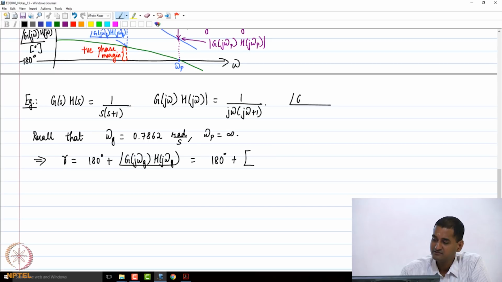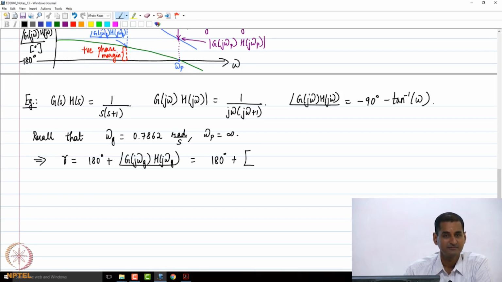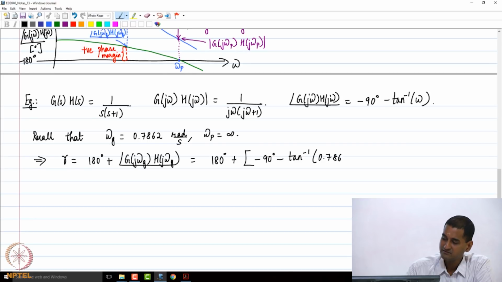In general, the phase of the open loop sinusoidal transfer function is going to be minus 90 minus tan inverse omega, by looking at this function. So you just plug in omega equals omega g, and you get tan inverse of 0.7862.